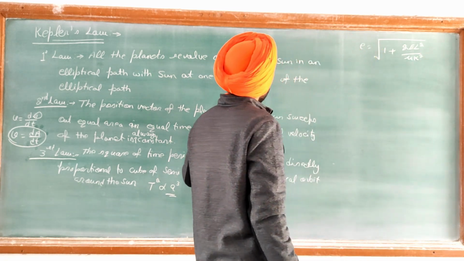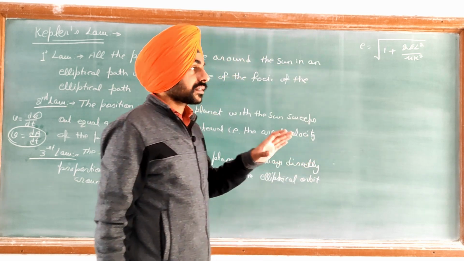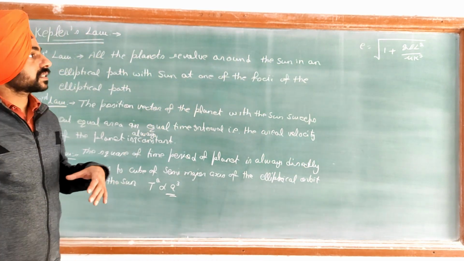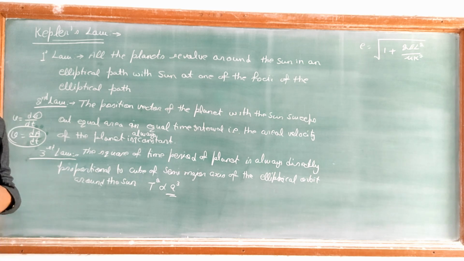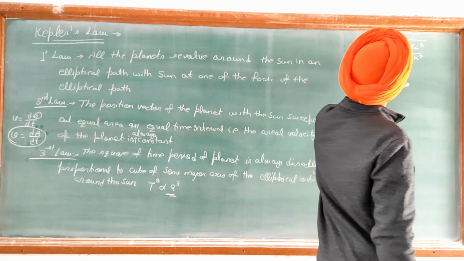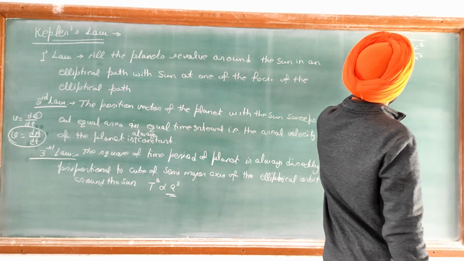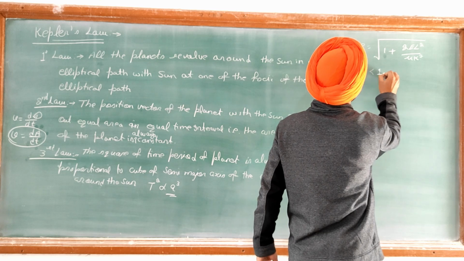As the system, that means the sun and the planet, is bounded, in a bounded system the energy E is always negative. So the negative value of total energy of the planet means that something is subtracted from 1, so that e is always less than 1.